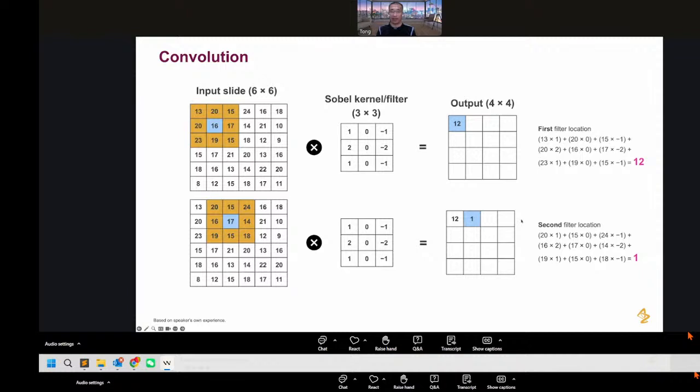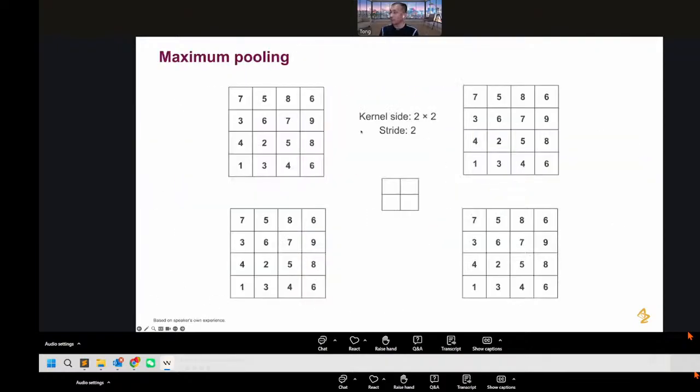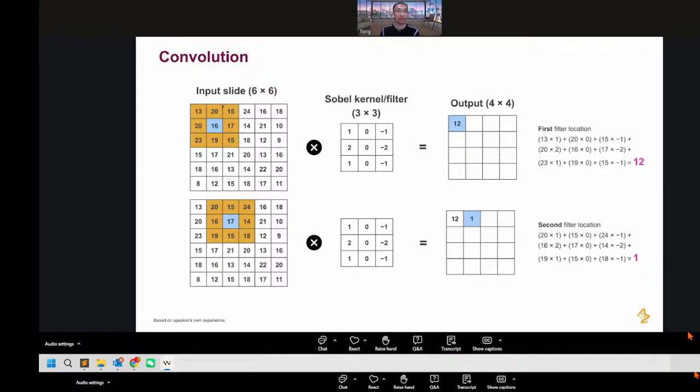Looking at the right side, it's 13 times 1, the corner times the corner, plus 20 times 0, and then 15 times -1. You multiply all 9 of them and add them up, and it is 12. That is our first output feature.